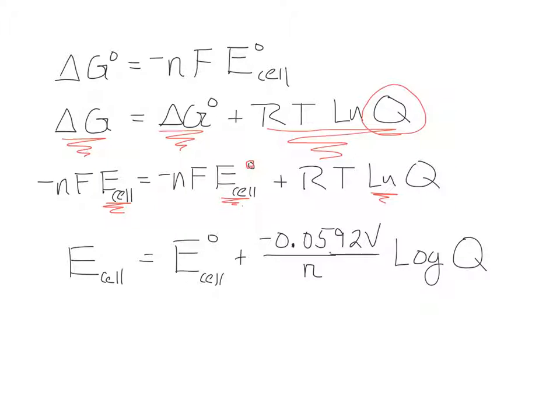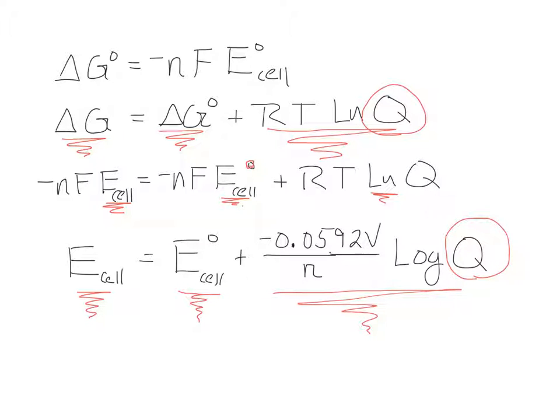So the final result is what we call the Nernst equation, and it simply relates E cell, that's the E cell not under standard conditions, to some E naught cell that you could calculate looking up the values in the textbook or table of standard reduction potentials, and then we adjust it using some adjustment factor that requires calculating Q. Now Q, again, is the reaction quotient, so it's concentration of products over reactants.